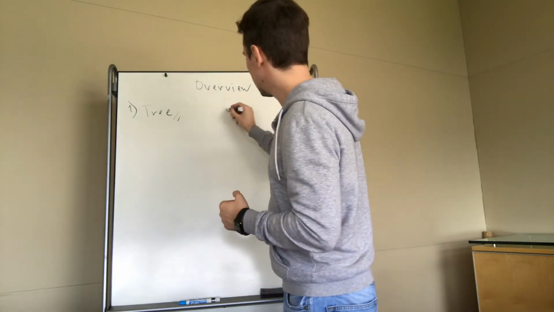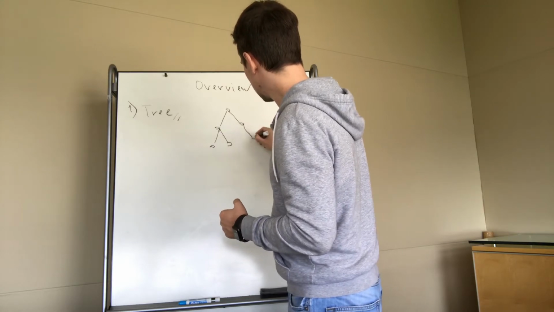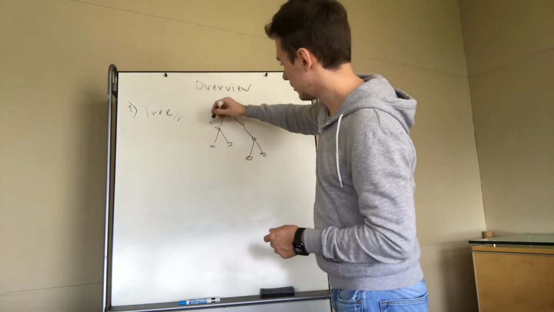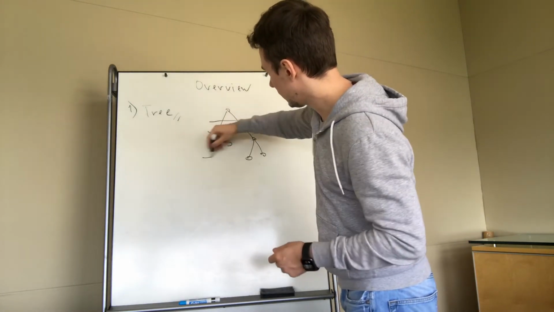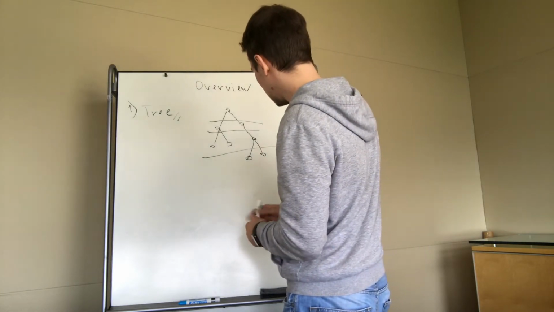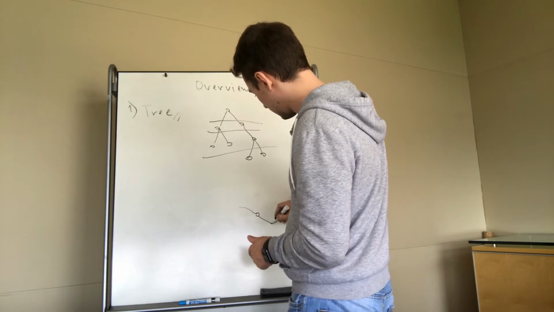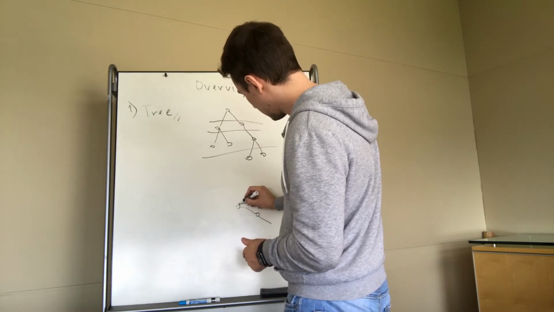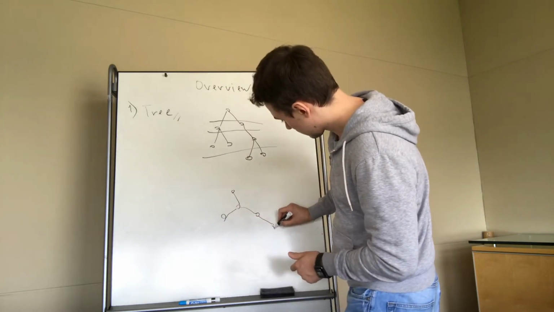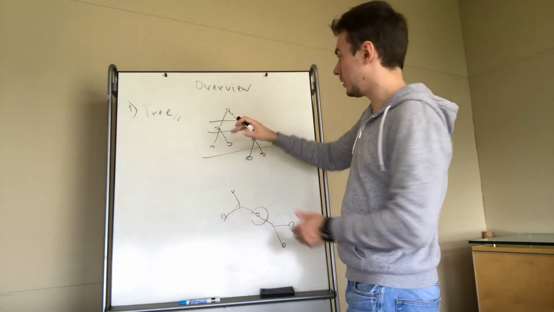So we can draw this tree like this. These are levels. We can draw this tree like this. In this case, levels are lines.